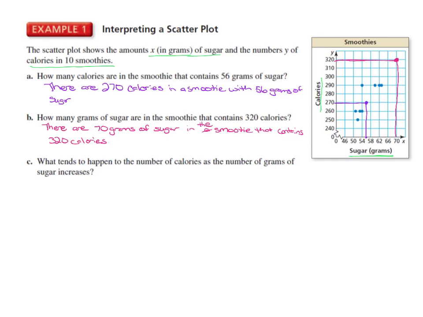What tends to happen to the number of calories as the number of grams of sugar increases? Well, it looks to me like when I look at my data, the ones that have the most grams of sugar tend to have the most calories, and the ones that have the least grams of sugar have the least calories.